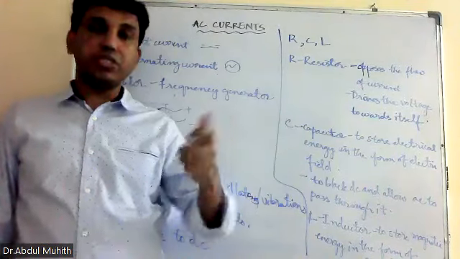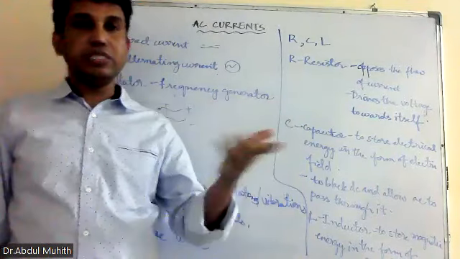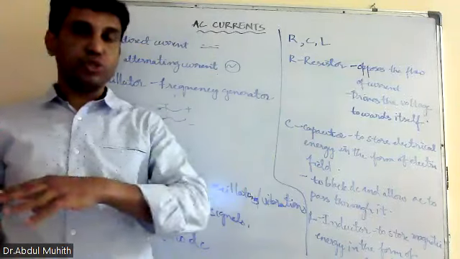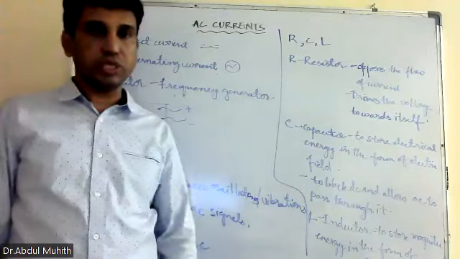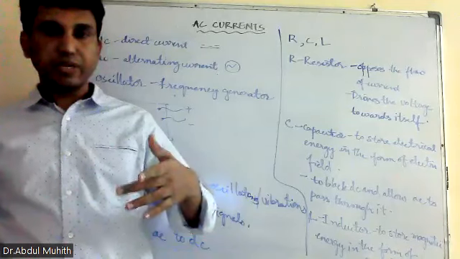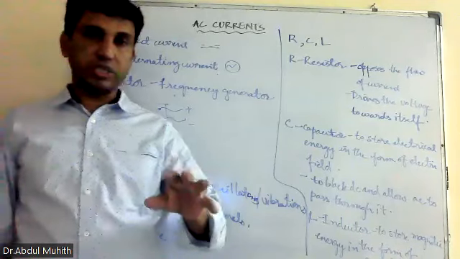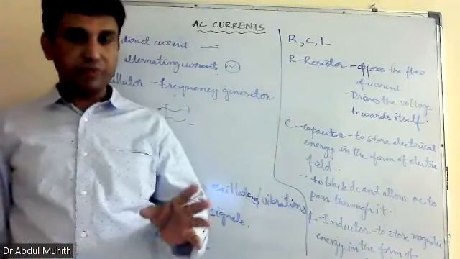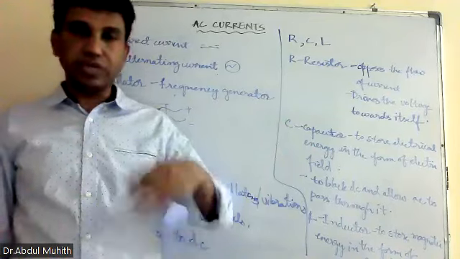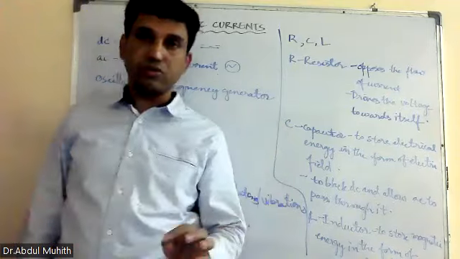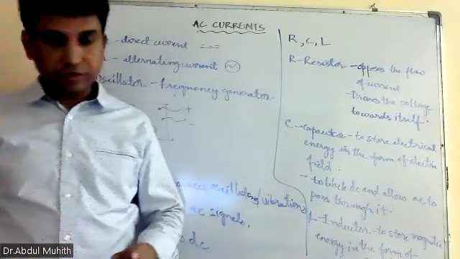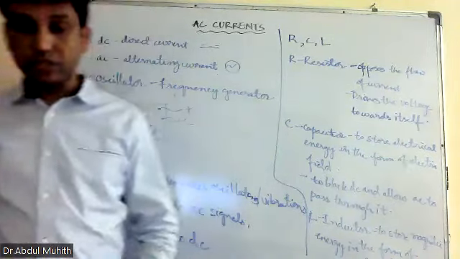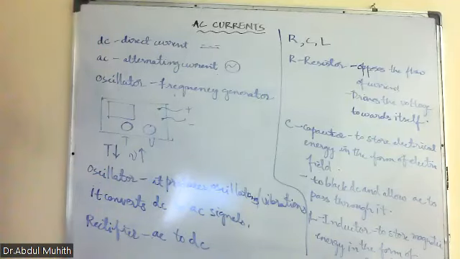But the problem is they ask questions from L, C, and R, because if you remove those two, it becomes only a resistor circuit, capacitor circuit, or inductor circuit. So don't think that RLC is not there, therefore we will not read. To understand RLC, we need to study these three derivations compulsorily. Clear? Yes, sir. Please copy this. Quickly we'll go ahead now.